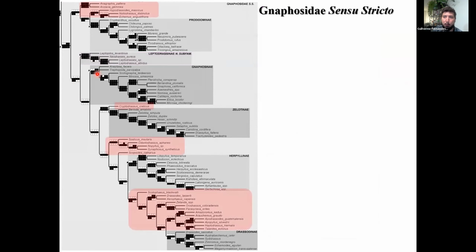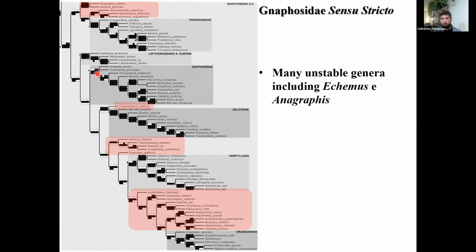And we have a lot of other genera that are not so stable, and some of them, like Echemus and Anagraphis, have subfamily names, but we cannot clearly delimit those subfamilies or the groups that were treated as subfamilies. They're still unstable, with unclear relationships, or not monophyletic.